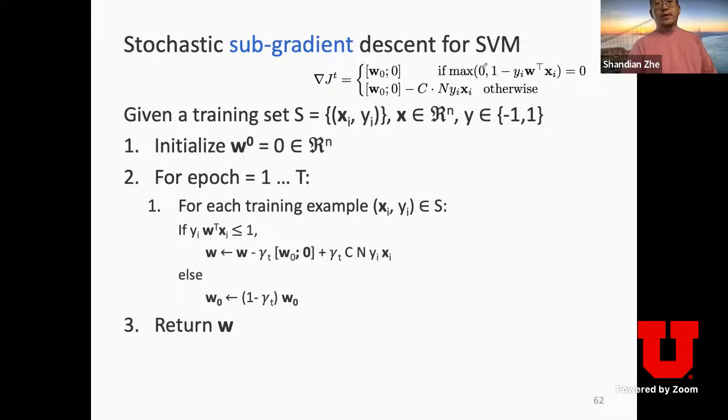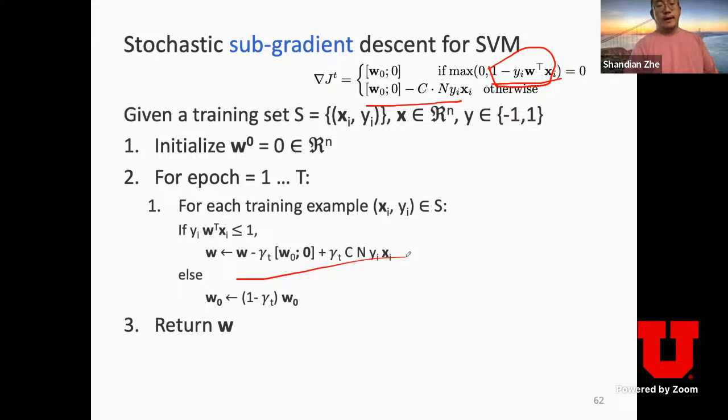You have two cases because the form of the subgradient has two cases. First, if the function margin yi W transpose xi is less than or equal to 1, that means the max function value is the right term, 1 minus yi W transpose xi. Then your subgradient is this, and you subtract the subgradient multiplied by gamma t, which is here.